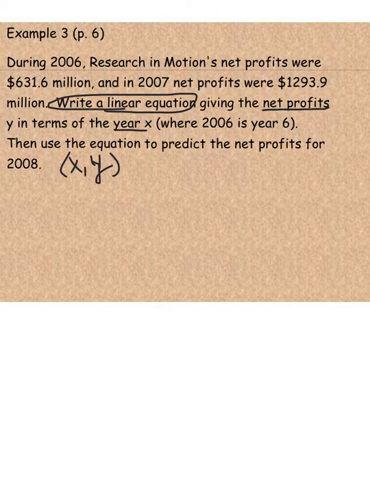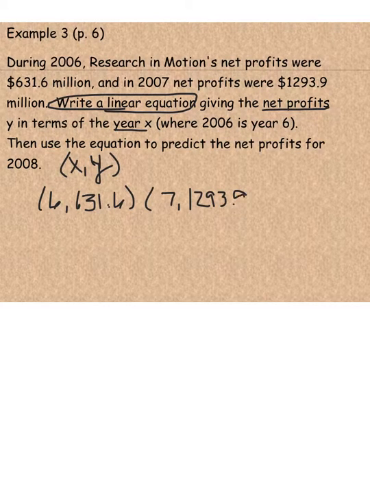So we can see in the year 2006, which is year 6, our net profits were $631.6 million. And in the year 2007, which is year 7, our net profits were $1293.9 million.